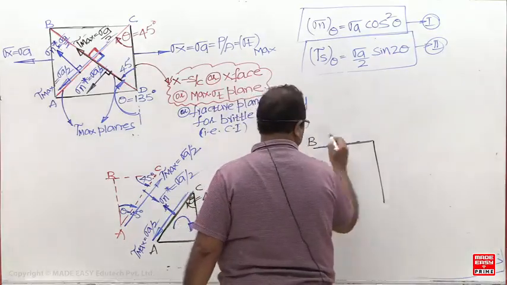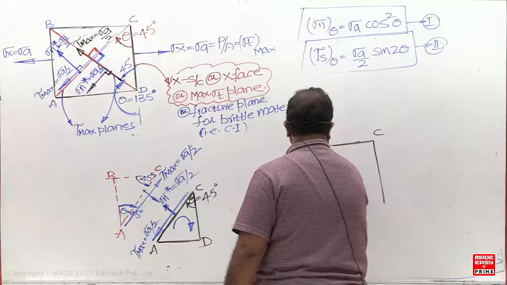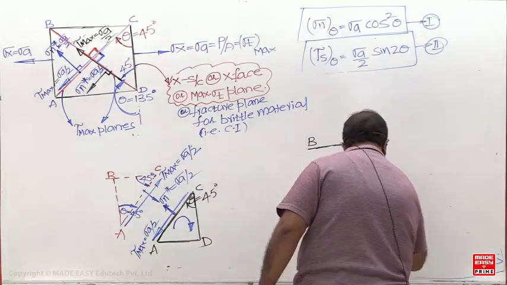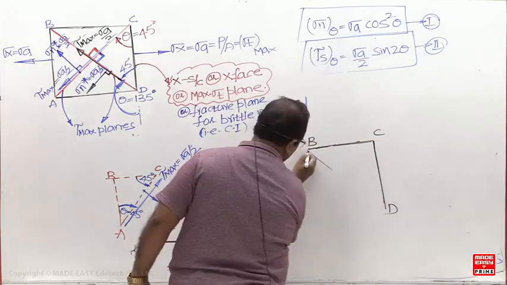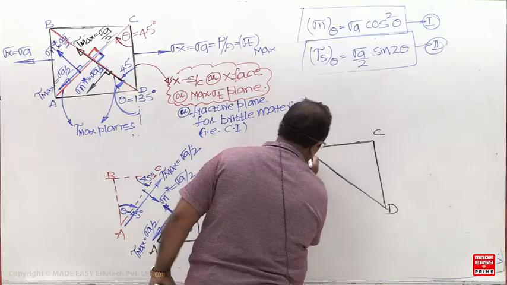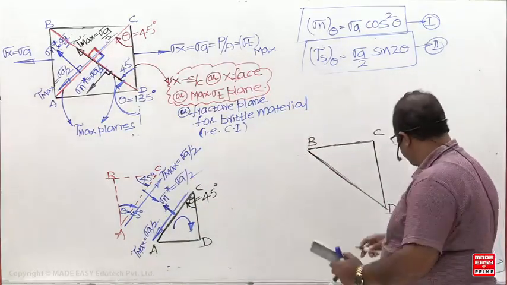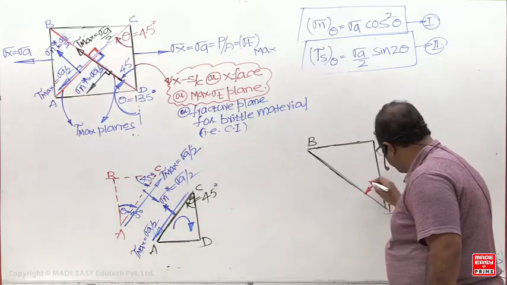This is B, C, D. This is 45, but anti-clockwise.